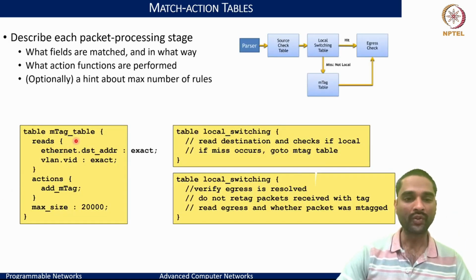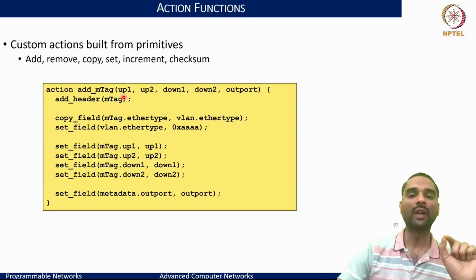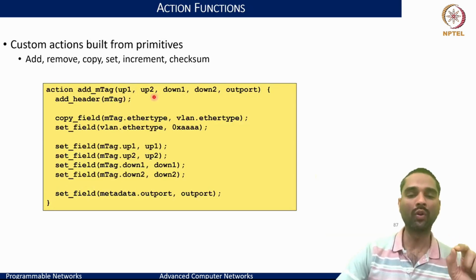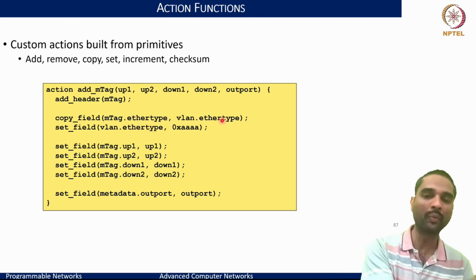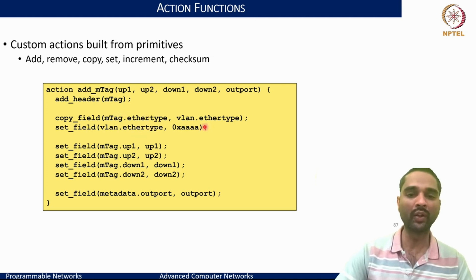In essence, whenever we saw this table M tag and there is an Ethernet and VLAN exact match, we are calling this add M tag action, right? So this add M tag action is basically setting up exactly the links that we would want to traverse for a given packet. So we are adding the header M tag with the field type as whatever the VLAN ether type is, which earlier would be pointing to IPv4, and is now made to point to the M tag ether type, while the VLAN ether type is now made to point to the M tag itself.